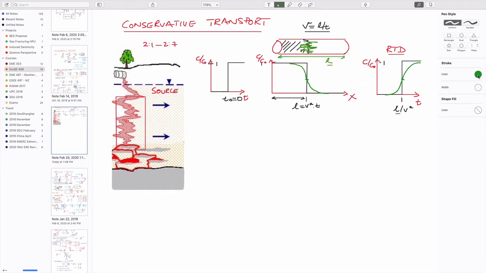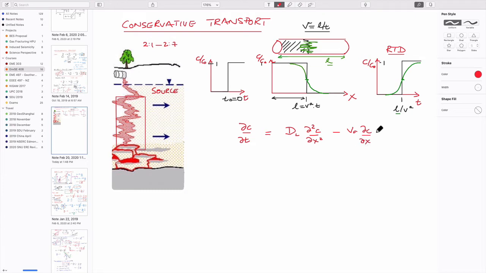We can represent this by a straightforward relationship: the change in concentration with time is equal to some coefficient, which we'll call the dispersion coefficient, times d2c dx squared, minus the advective flow term multiplied by this.